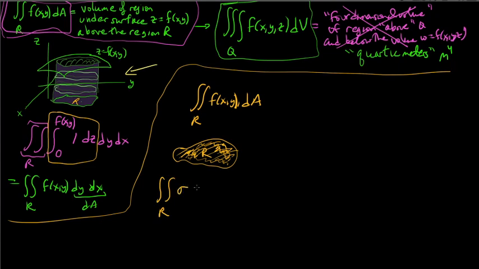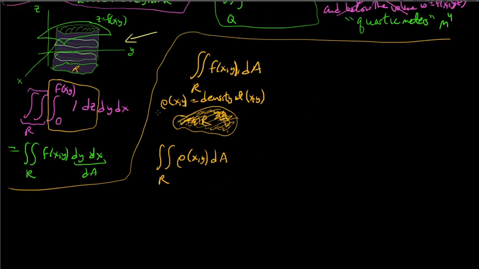So if we're thinking of f as the density function over the region R, remember I use sigma for density. The book uses rho for density. So maybe I'll go back to rho for density. So rho here is the density at the point x, y. Different points give you different densities.